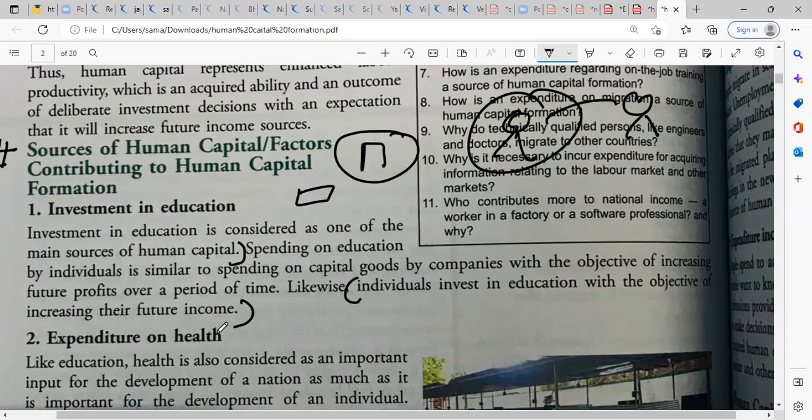Why am I studying? Why are you people studying? Because you want to get a stable job, right? Why are you spending a lot of money on your education? Because in future you want to earn money, right? So because of this, investment in education is important if you want to make human capital or contribute to human capital formation.